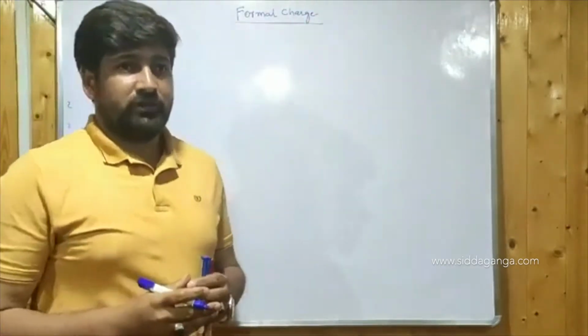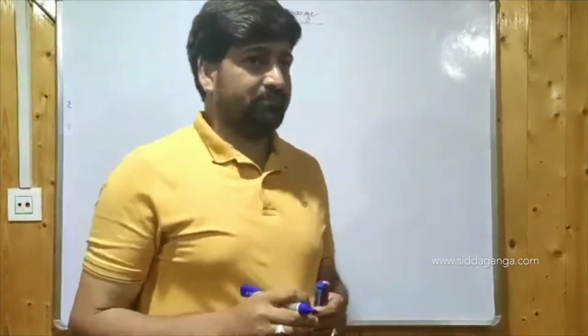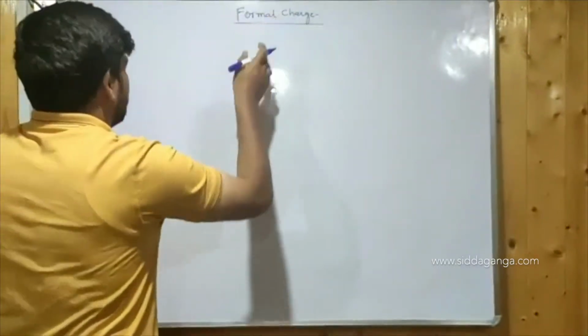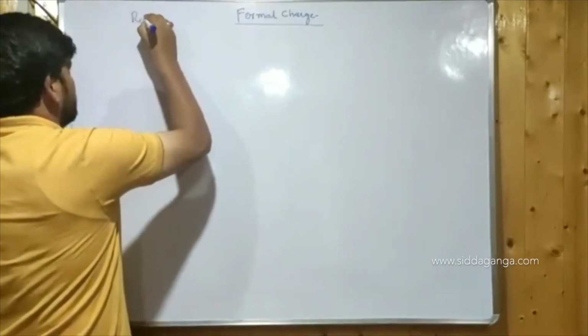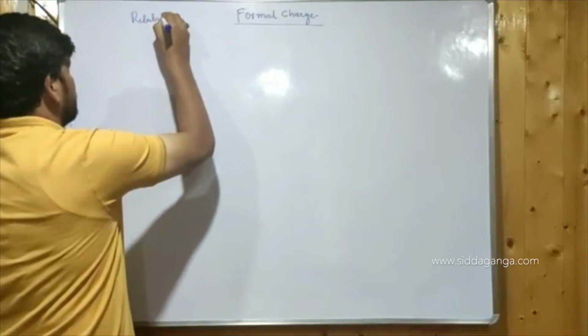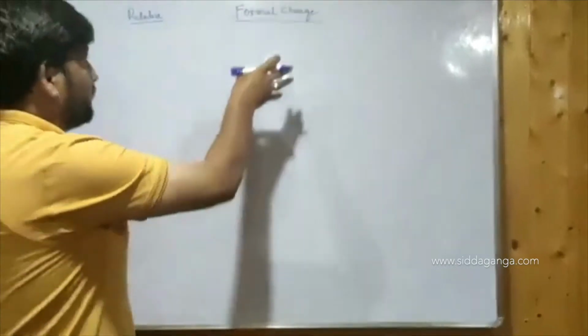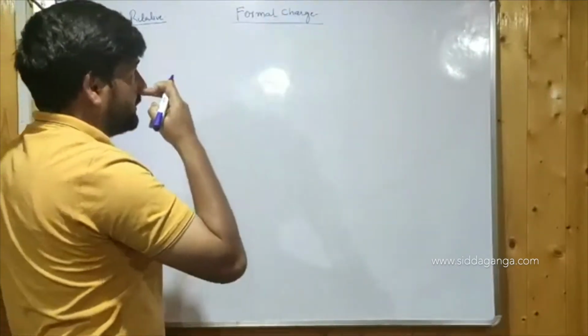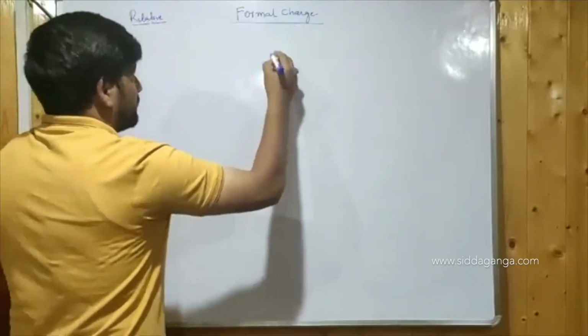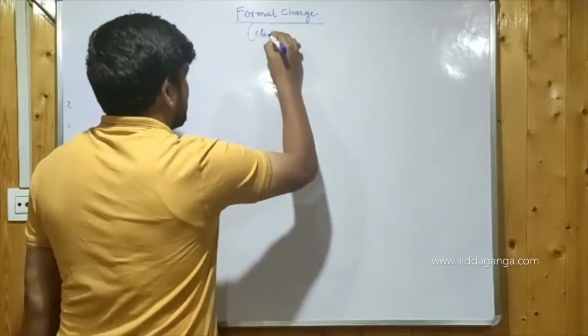Certain things that you need to understand about formal charge are that the concept of formal charge is relative. This formal charge concept does not take care of the electronegativities of different atoms.